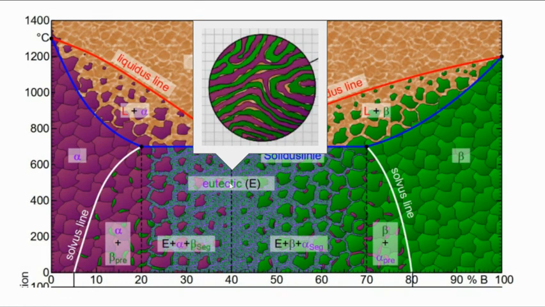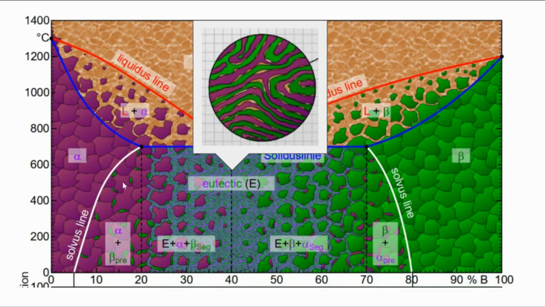And right at the eutectic, you get this really cool layered crystal because you have your alpha crystal melting and solidifying, your beta crystal melting and solidifying, and some liquid mixture all occurring simultaneously. And so you get this really cool, what we call eutectic composition.